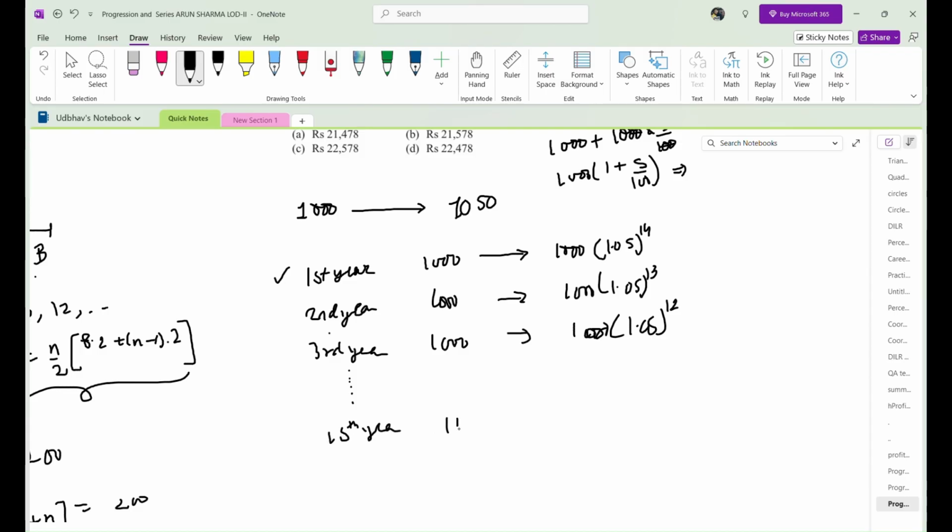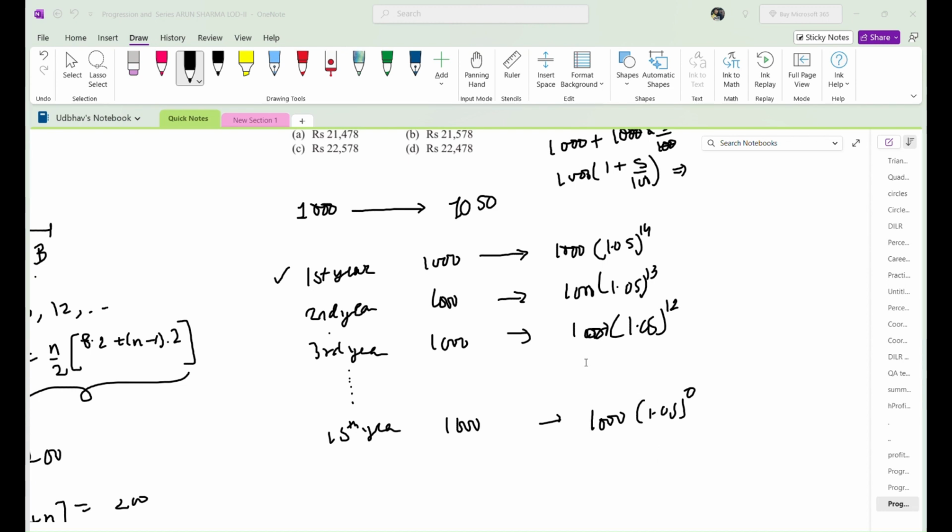At the 15th year we saved 1000, but when we are at the 15th year we are going to take all the money out. So how much money will we be getting? 1.05 to the power 0, right?